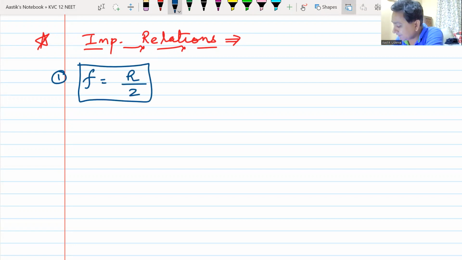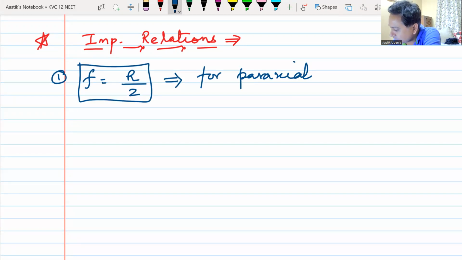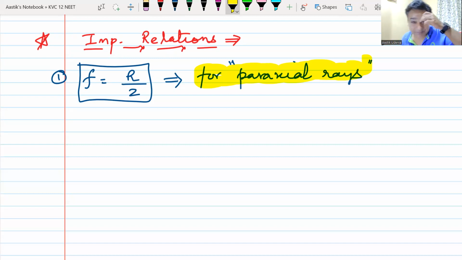Now remember, this relation is only valid for paraxial rays, the rays which are falling at small angles, because if the angle becomes large, then we have a problem. And I'll show you that problem. Don't worry, I'll give you the formula for that one as well.